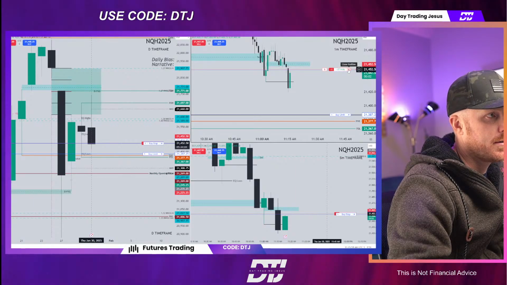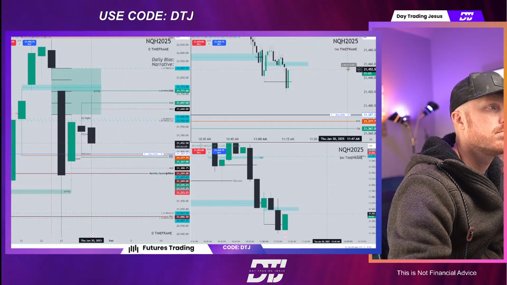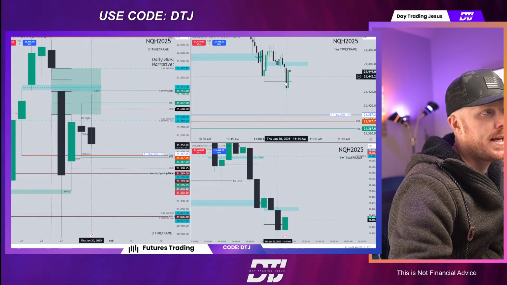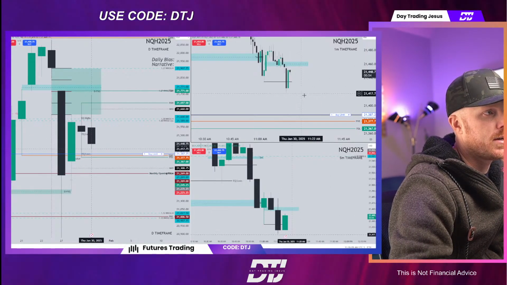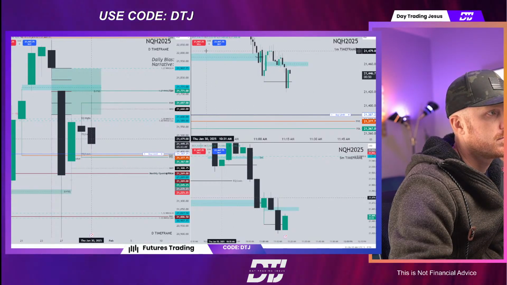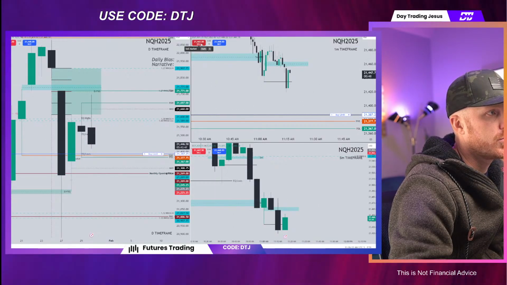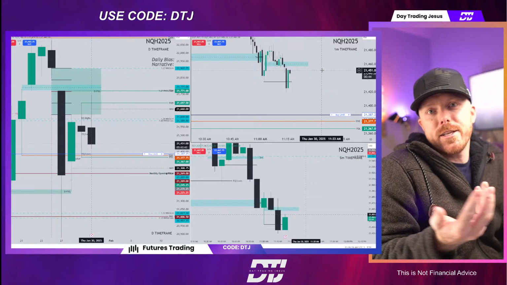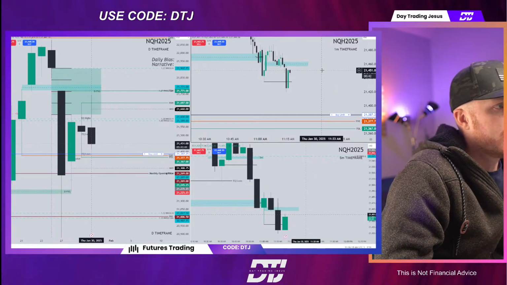Probably going to get stopped out. So stopped out at break even. I didn't take the 25 handles that was given me. Probably could go short here again and get it. So I guess there's a trade for you if you guys wanted to see one.